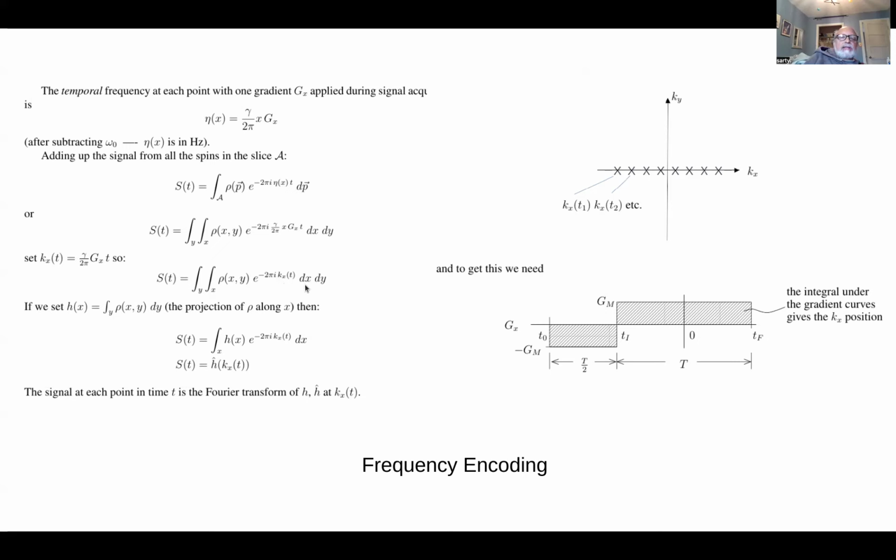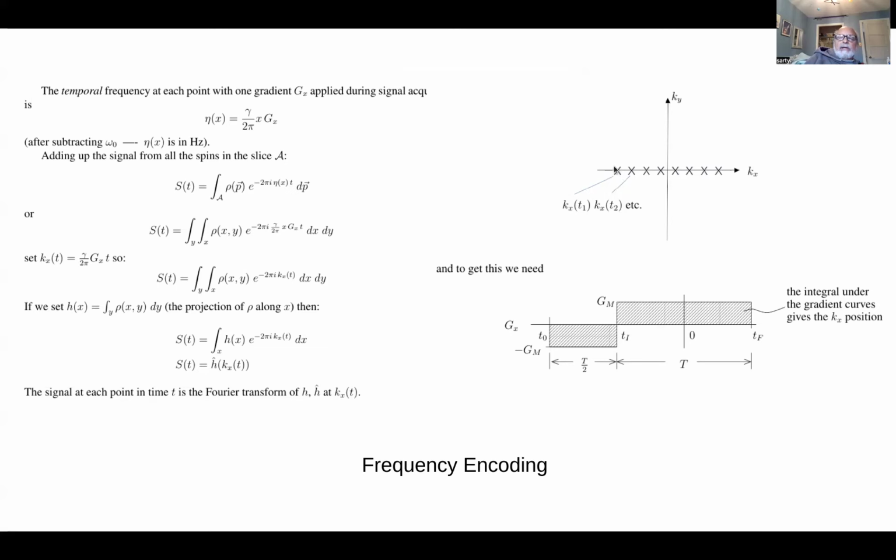And this is important because now this looks like a Fourier transform, forgetting about the t. At each moment in time, we have a different signal. So at each moment in time, we have a different kx value. And we can plot that this way. So for each different time, we have a different kx value. That's the frequency encoding.